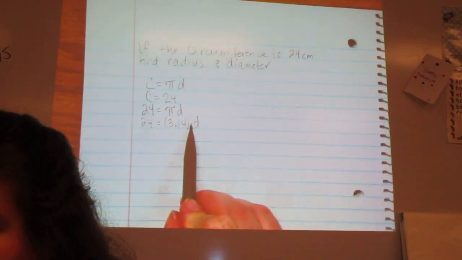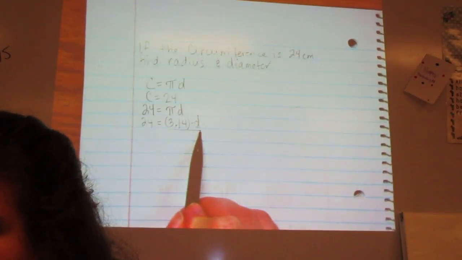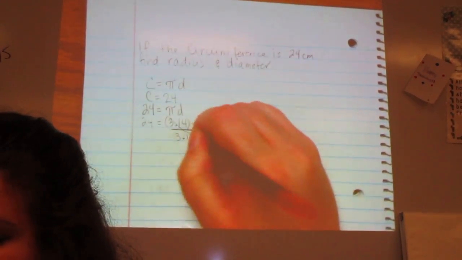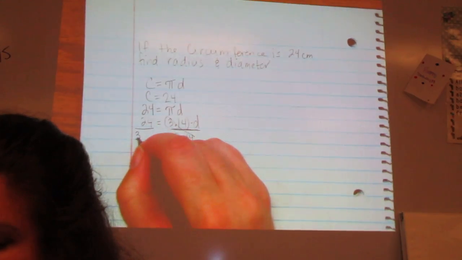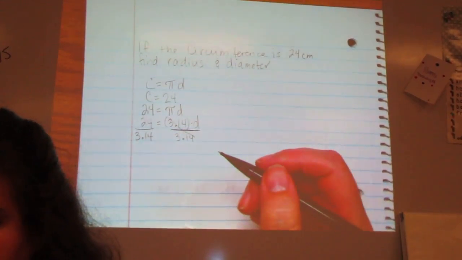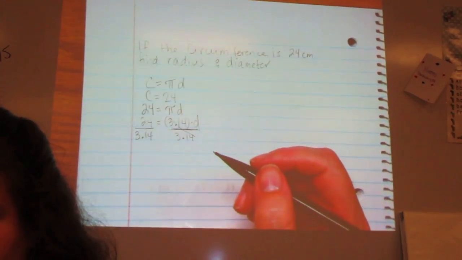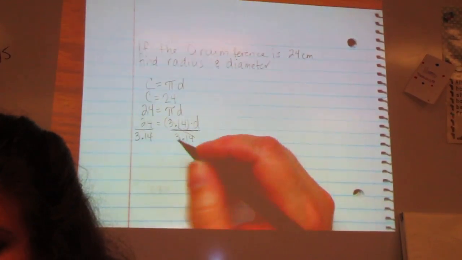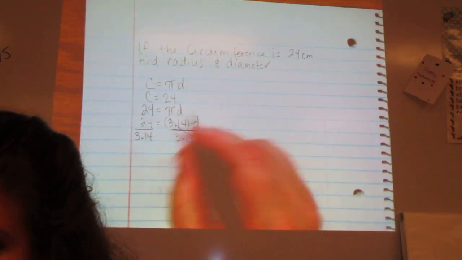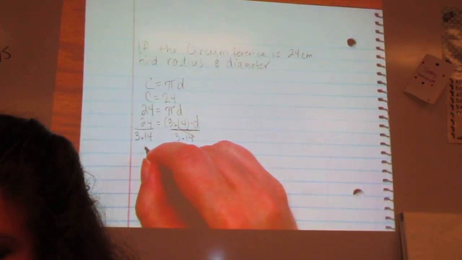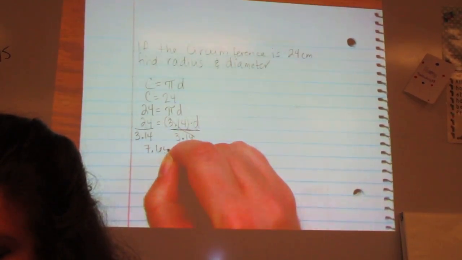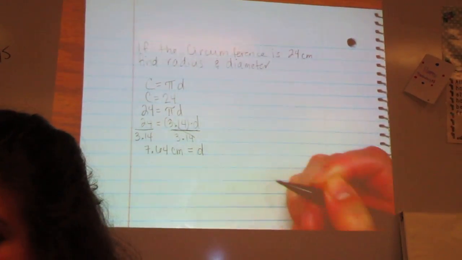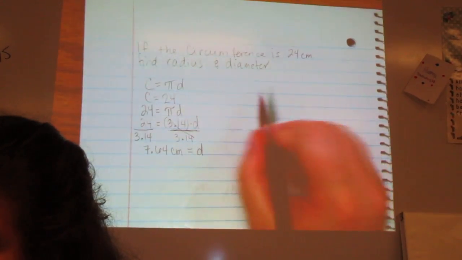My operation is multiplication, so I'm going to do the inverse operation and divide. Anything divided by itself is 1. I have to do the same thing to both sides. And 24 divided by 3.14, I'm going to round to the hundredths place. So I get 7.64 centimeters is the diameter.